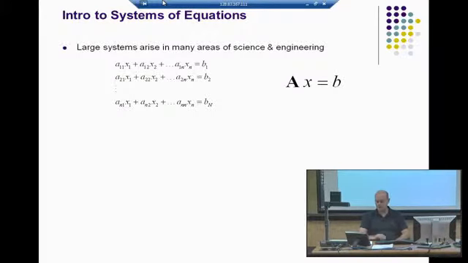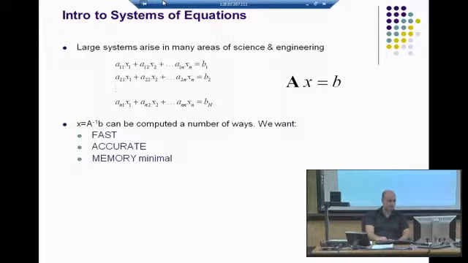Unlike the example I just did, where N and M could be different sizes, in this case A has to be a square matrix in order for it to be a well-defined system. X has N elements, and B has N elements. X and B are both column vectors. All right, what we want to do is find X.